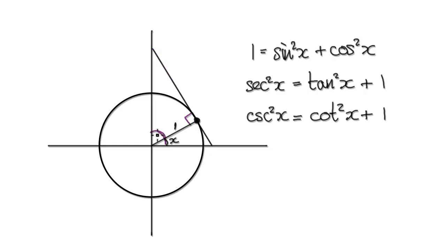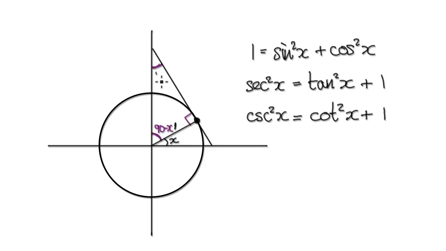Let's just work in degrees rather than radians. This angle here will be 90 take away x, because this is 90 degrees, and if this angle here is x, then this must be 90 take away x. This angle here, we're trying to work out what this angle is.